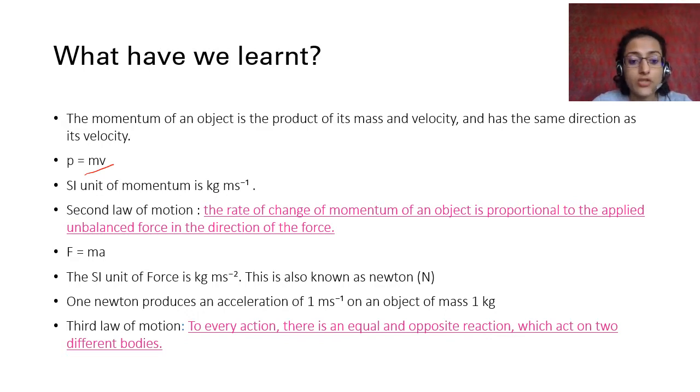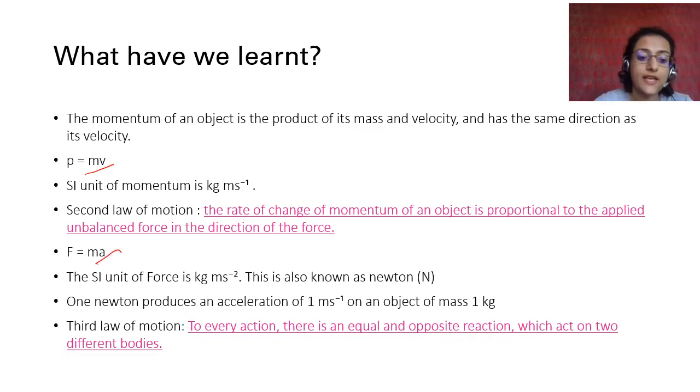The second law of motion states, okay, what does the first law state? The first law states that an object remains at rest or in a state of motion unless acted upon by an external unbalanced force. The second law of motion says the rate of change of momentum of an object is proportional to the applied unbalanced force in the direction of the force. F is equal to mass into acceleration.